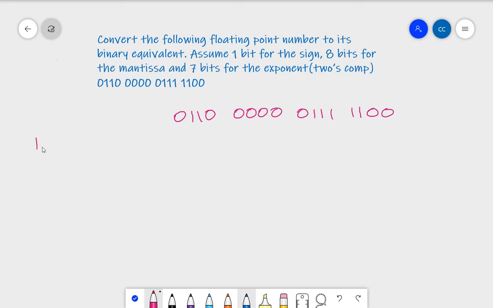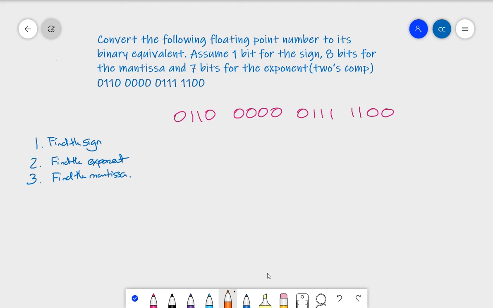Number 1, we need to find the sign of the full number. Number 2, we need to find the exponent. And number 3, we need to find the mantissa.